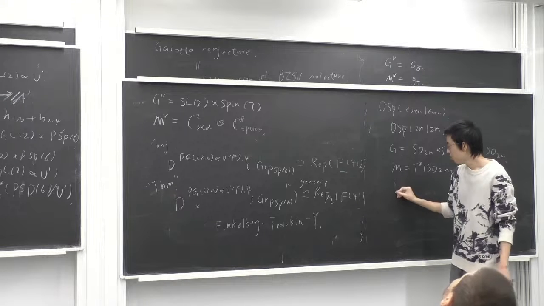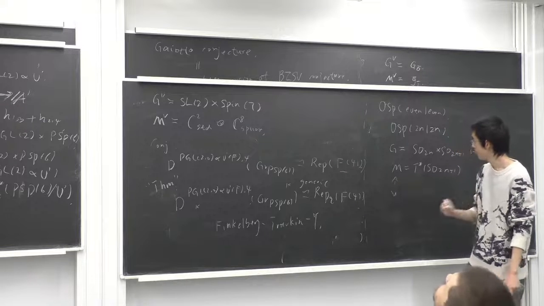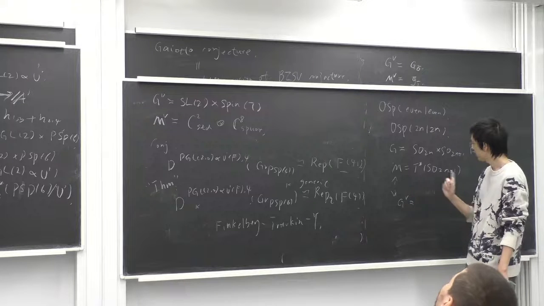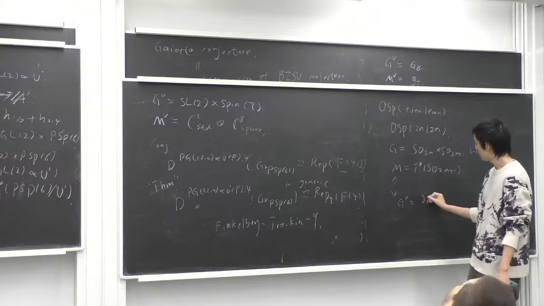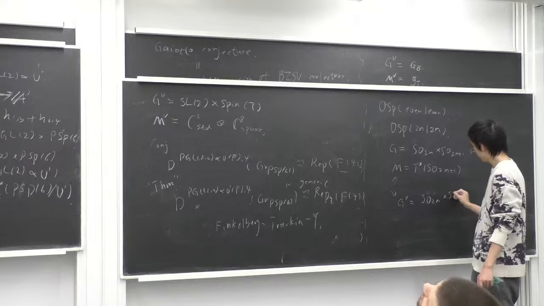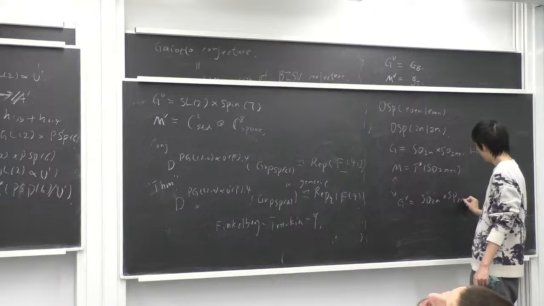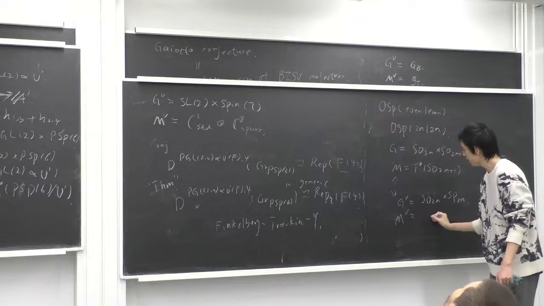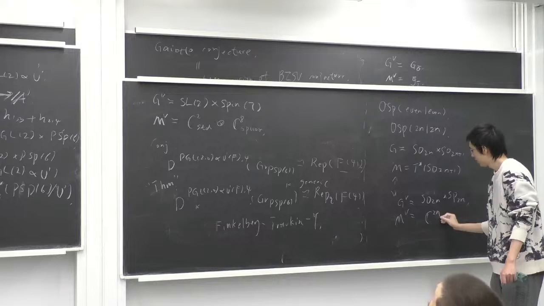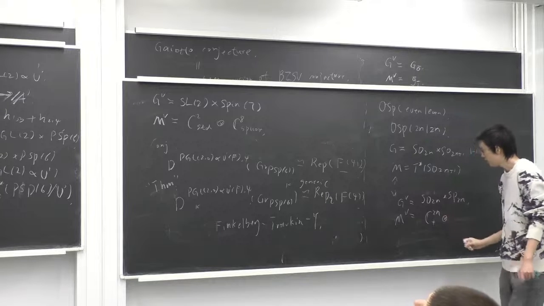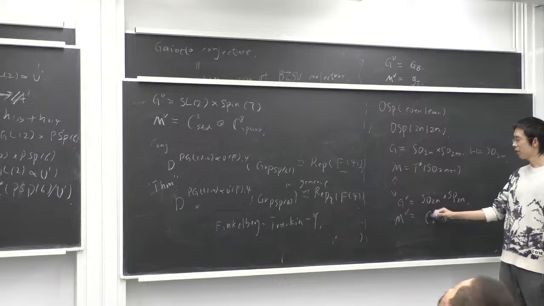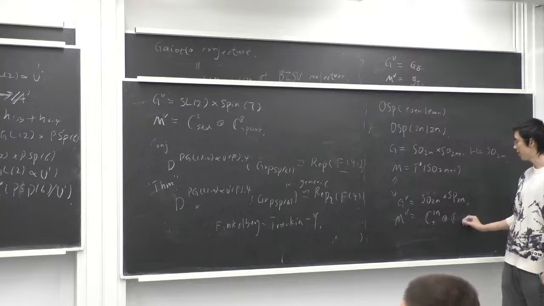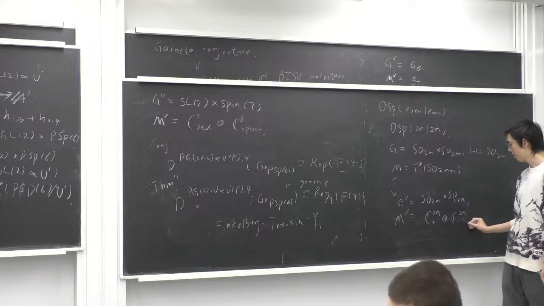And its dual hyperspherical variety is given by G-check, which is SO(2n) times Sp(2n), and your M-check is the product of the standard representation of SO(2n) and the standard 2n-dimensional representation of Sp(2n).